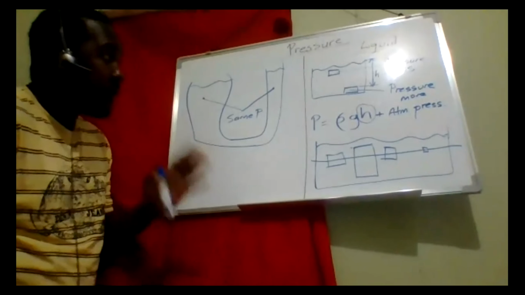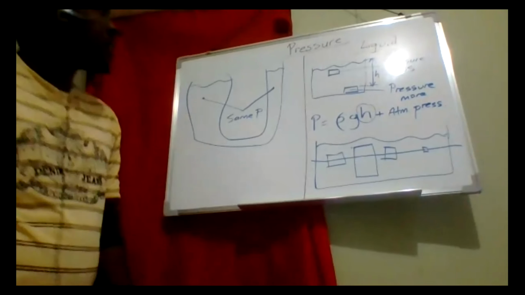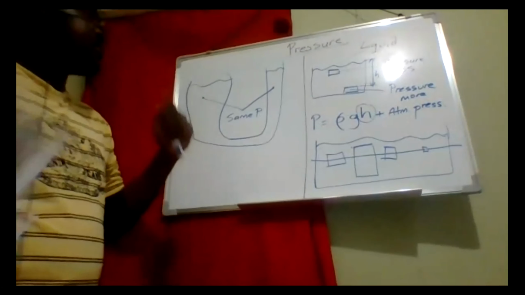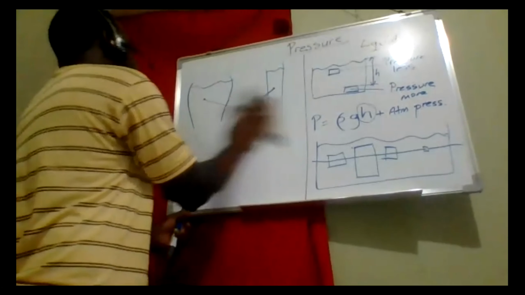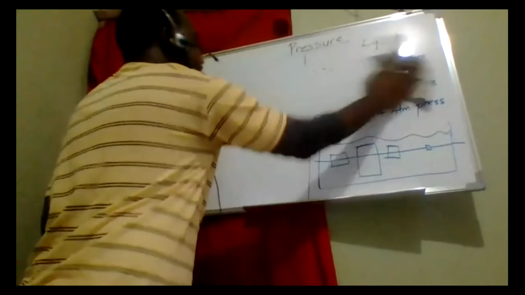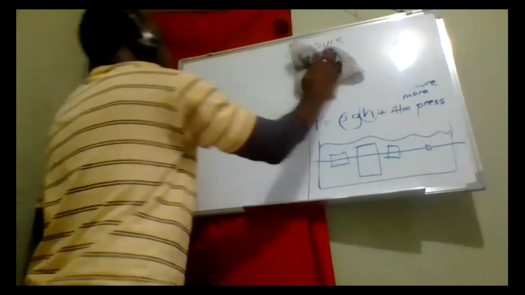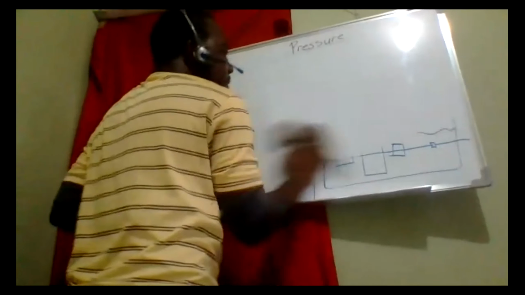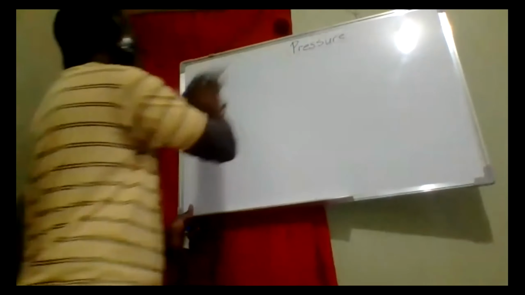All right, so the last thing for pressure is to actually use this principle to explain how the brake system in a car works. We normally hear about brake fluid in cars.